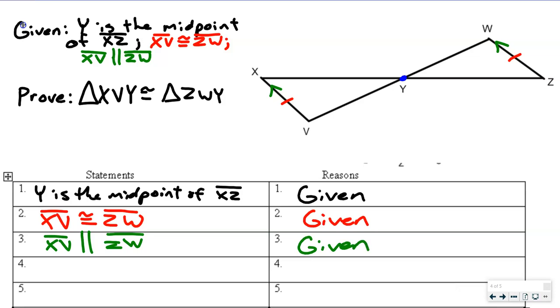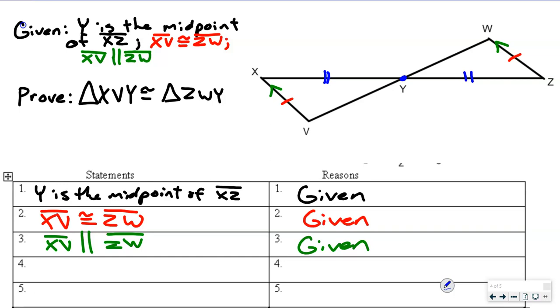All right, now we need to be able to use that given information to get us to the next step. Well, we know Y is the midpoint of XZ. So that tells me XY and ZY are congruent. It splits that segment in two equal parts because it's the midpoint.